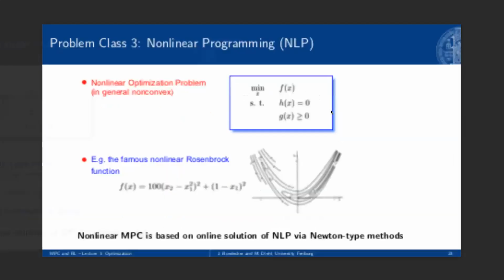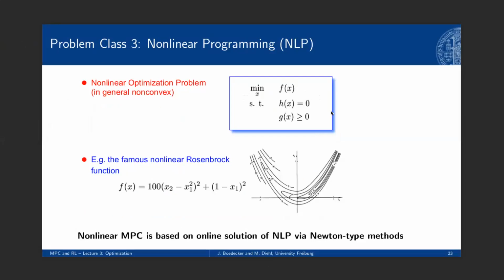You can go further, and then you're in this class of nonlinear programming, which basically covers the previous two also. Here we just say the functions f, h, and g are some possibly nonlinear functions, but we assume that we can differentiate them, typically once, twice, hopefully even more.